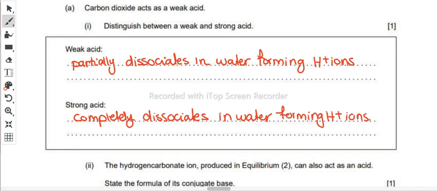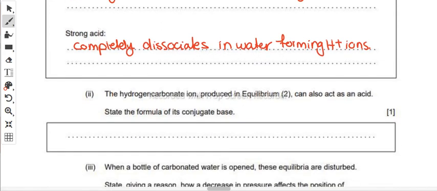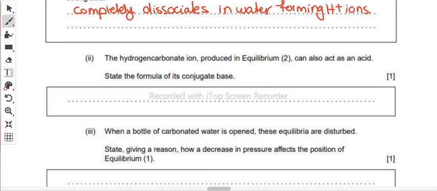The hydrogen carbonate ion produced in equilibrium 2 can also act as an acid. State the formula of the conjugate base. So it's asking about the hydrogen carbonate ion, which is HCO3 negative, and it is presented inside equilibrium number 2.